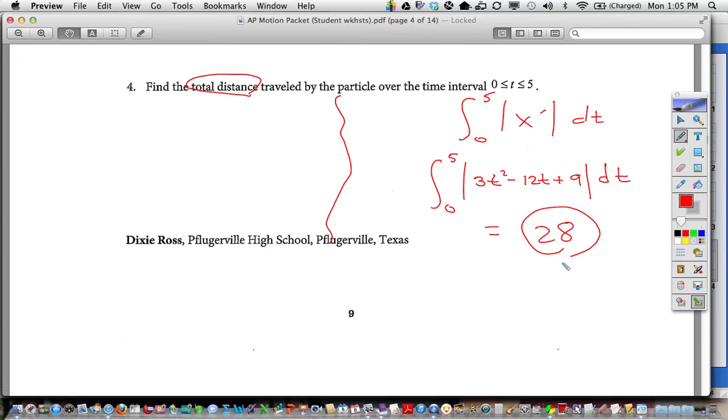So here's what this would look like. Now, we've already done a bunch of the work up above. We already did x prime and set it equal to 0, and we got what? 1 and 3. And we already know it's going to the right, then going to the left, then back to the right. How can we use this information now to find how far it's traveled? What do we do with 0 to 1?